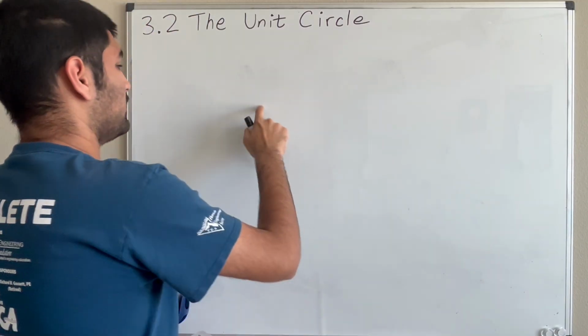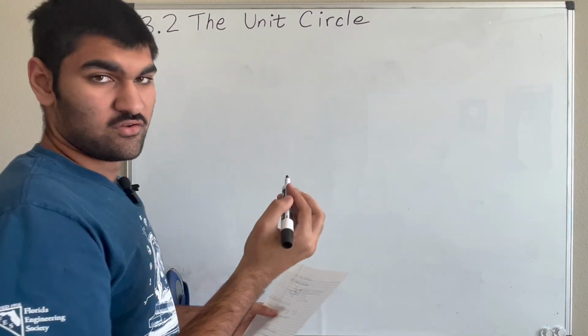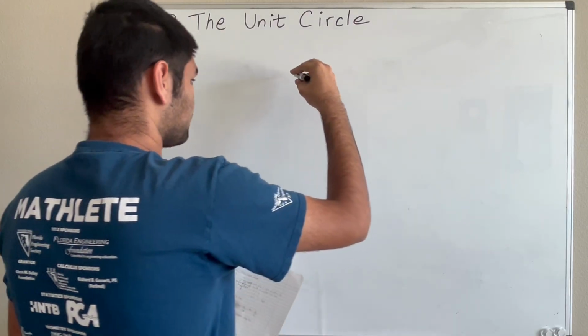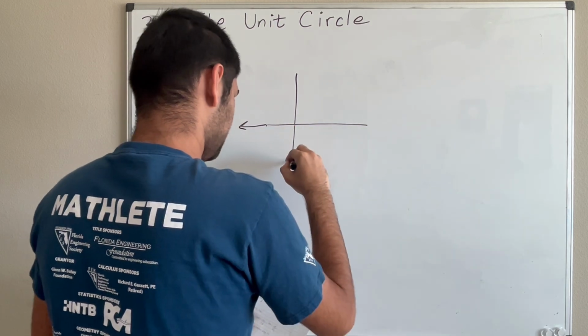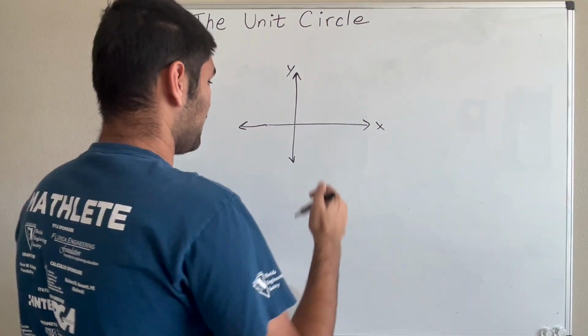So now we have discussed the unit circle, let's discuss the signs of the trig functions. So whether they're positive or negative and in which quadrants. So again, let's draw the coordinate axes. X, Y, right?